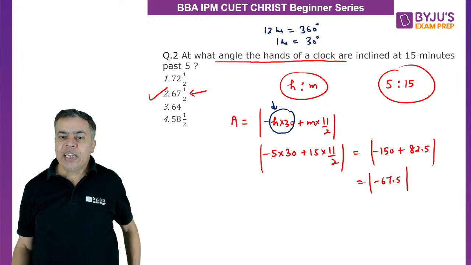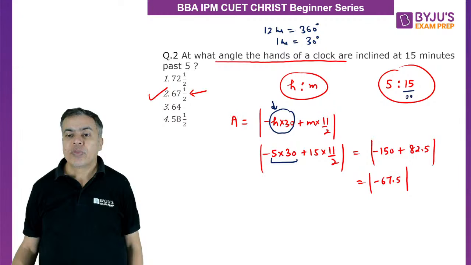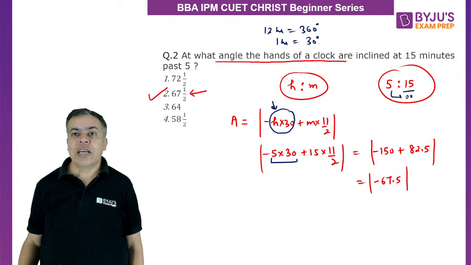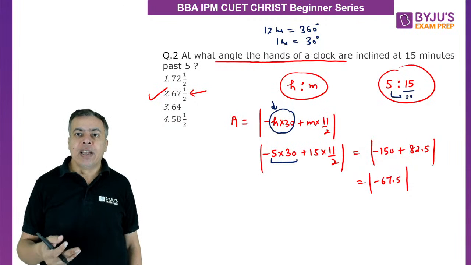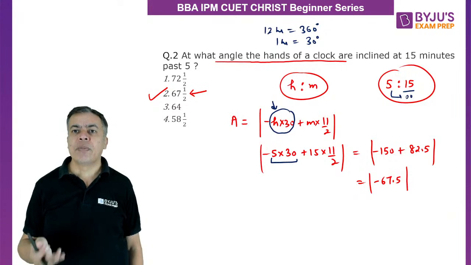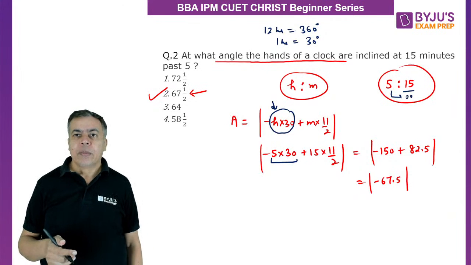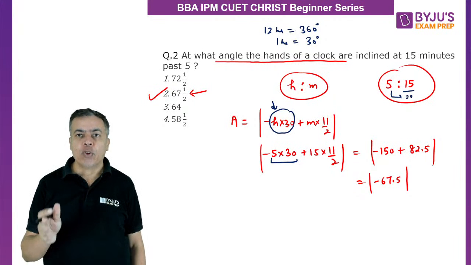This is the initial angle when the minutes are 0. And after that, every minute, the angle changes by 5.5 degrees, which is 11/2 degrees, because the hour hand will move half a degree per minute and the minute hand will move 6 degrees per minute.